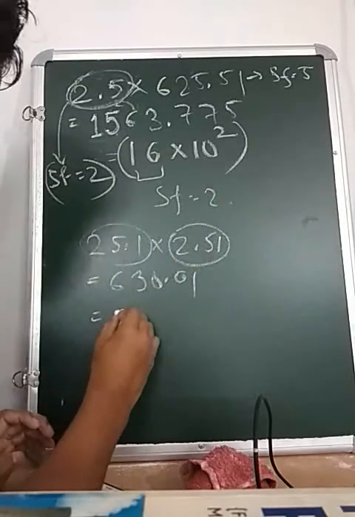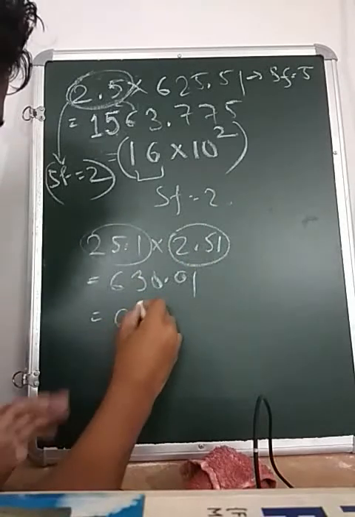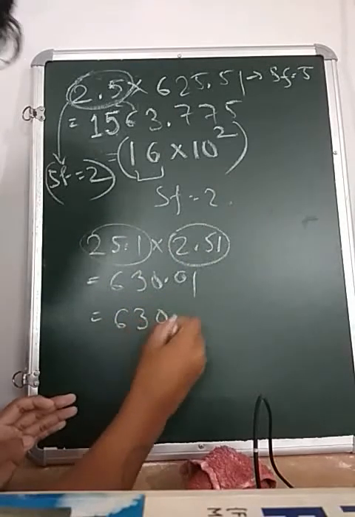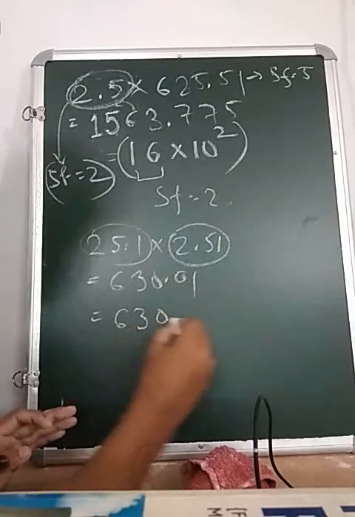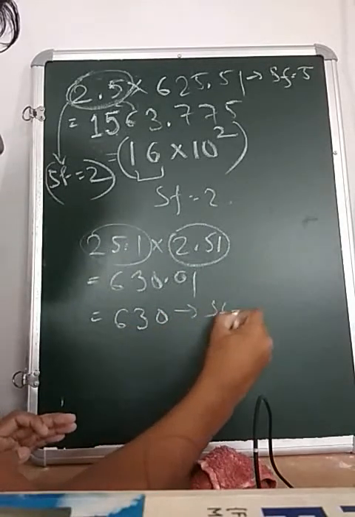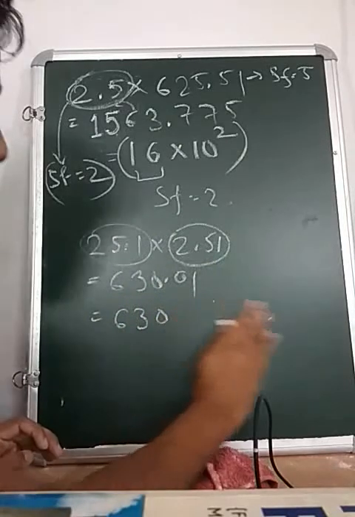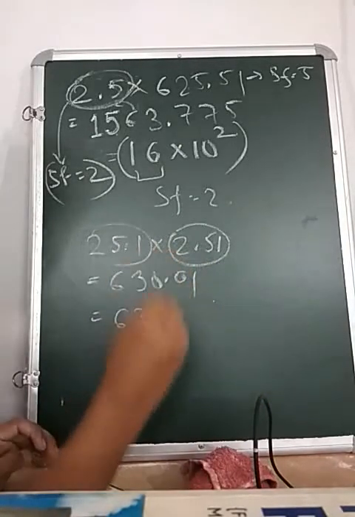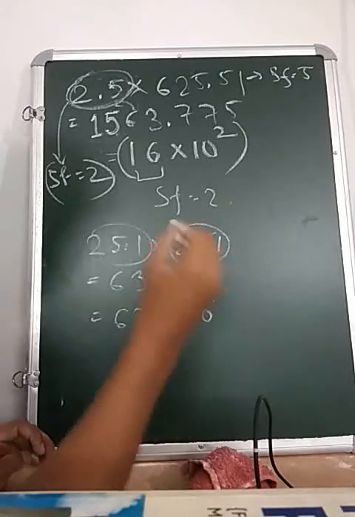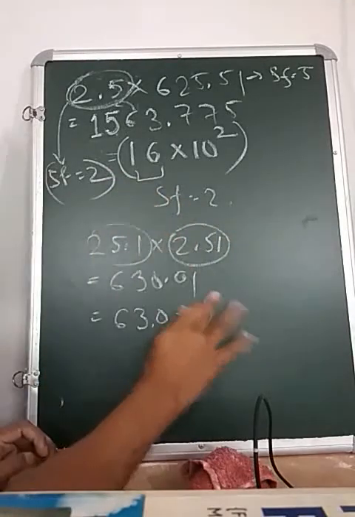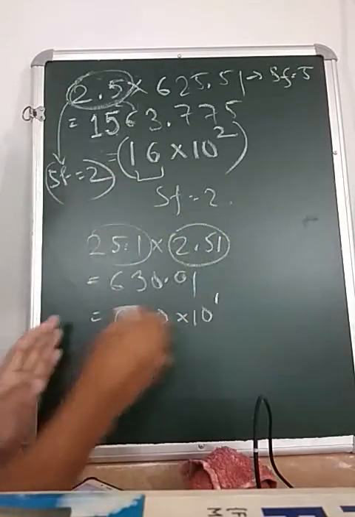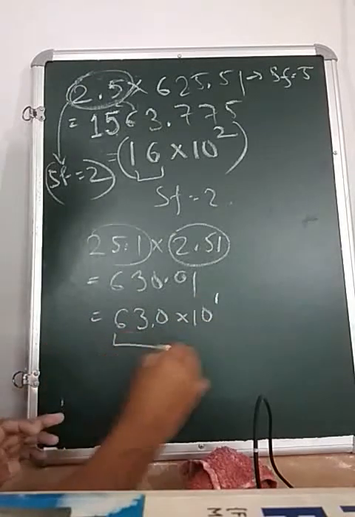Okay, so how do we write this? 630. If we write 630, then what will the significant figures be? Here the significant figures will be 2. But we have to make it 3. So how do we do this? We add a decimal point here and write it as 63.0 into 10 to the power 1. Okay. So what will the significant figures be here?